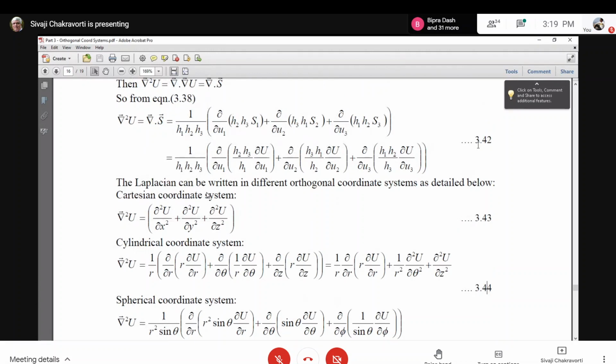So you can see for every operator, whether it is a del operator, a Laplacian del square operator, a gradient, or a divergence, everything will just have one equation in terms of the generalized coordinates and its metric coefficients, and for any specific coordinate system, we'll simply put the values.